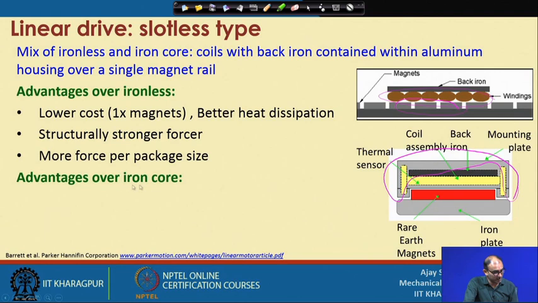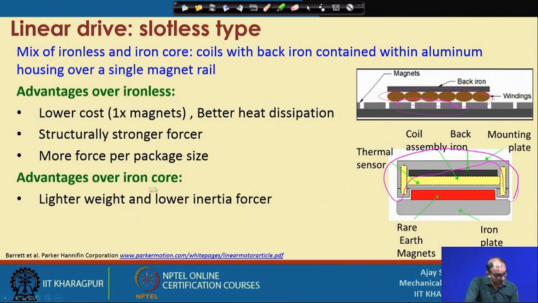Now, what are the advantages over iron cores? The ironless was the second one we discussed, and the iron core is the first one. The advantages are lightweight and lower inertia forces. Lighter weight is in comparison with the first one, the iron core, not with this one, because this is the lightest compared to all three cases.